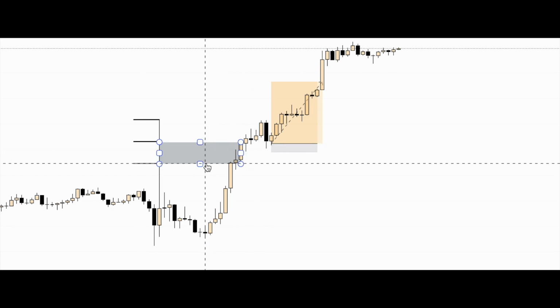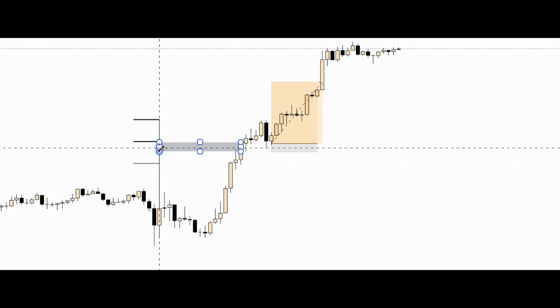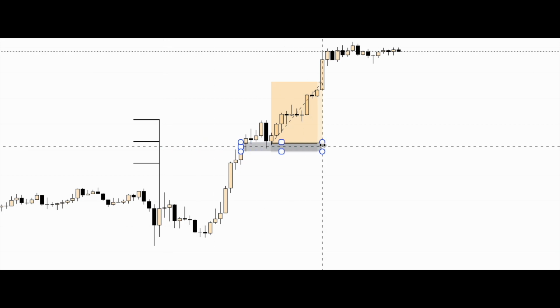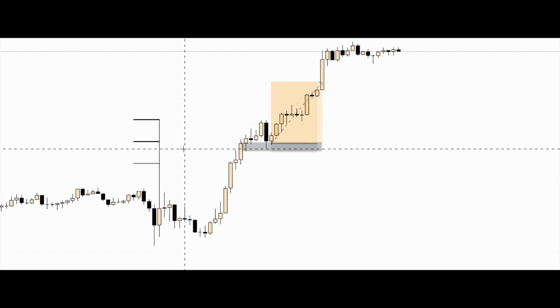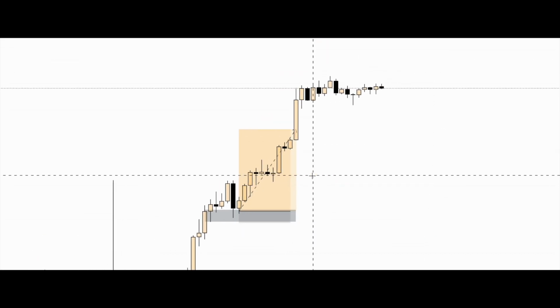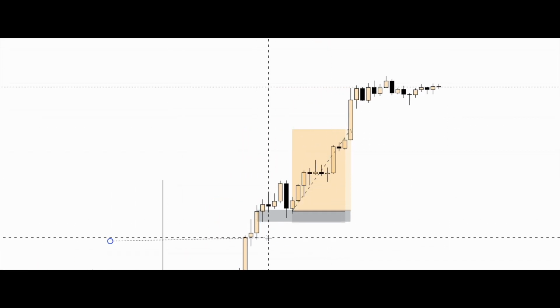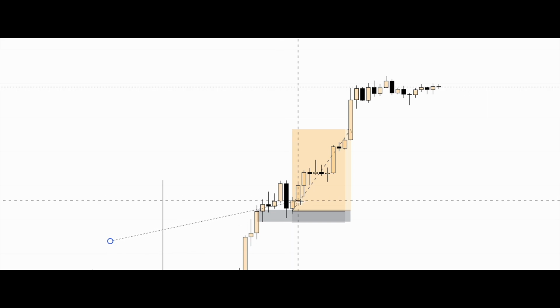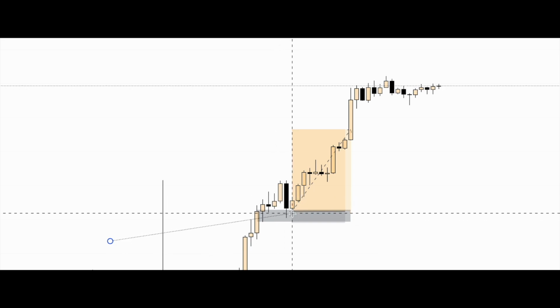Understanding that, it is a no-brainer to include this unmitigated wick within our analysis as a significant point of interest or area of the highest volume. We stretch it out. It is important to understand that we have our significant POI located, and that this unmitigated wick is mitigated by a bullish rejection block.